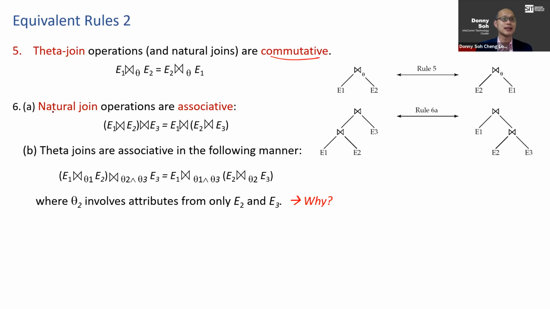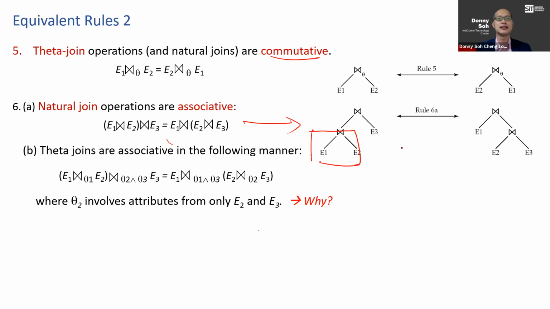So let's look at 6a. Natural join operations are associative. So E1 joined with E2, and the resultant joined with E3, is equal to E1 joined with the join of E2 and E3. If you look at the tree, at first it is E1 joined with E2 followed by E3.